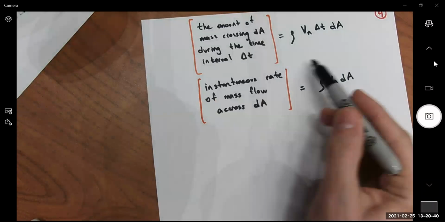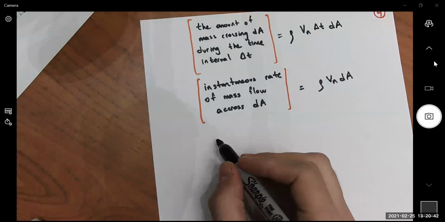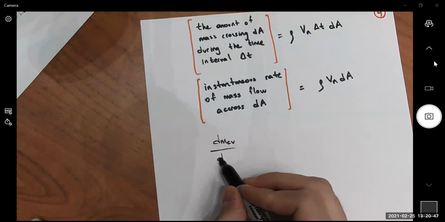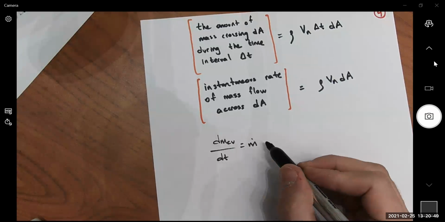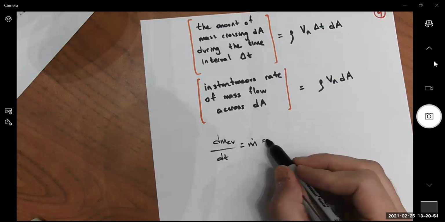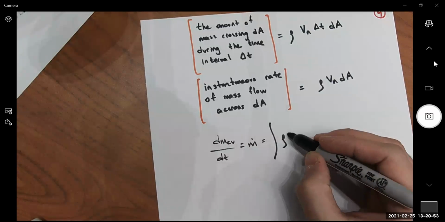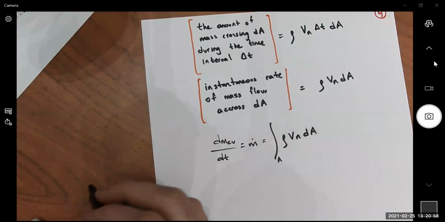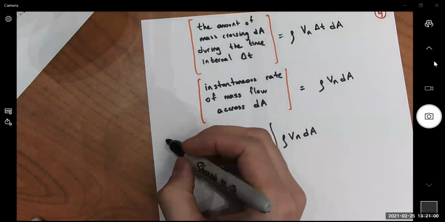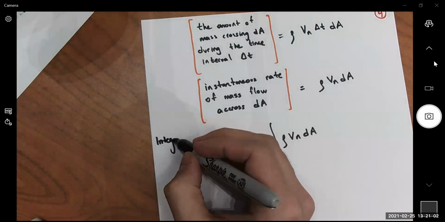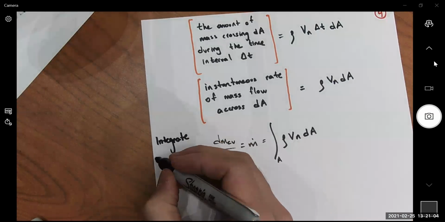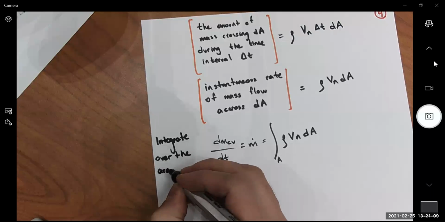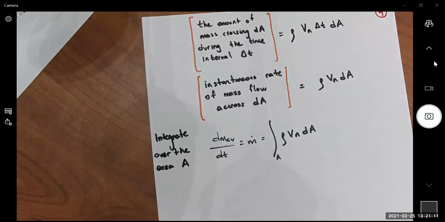If we integrate this over area, right, dm control volume over dt, which is m dot, equals the integration of rho Vn dA over the area A.